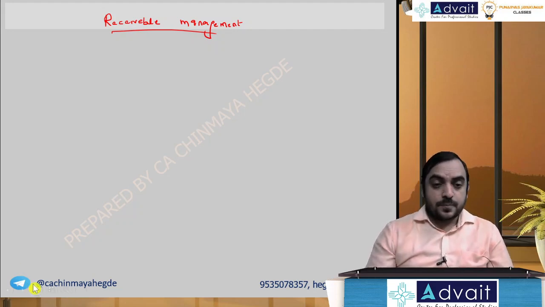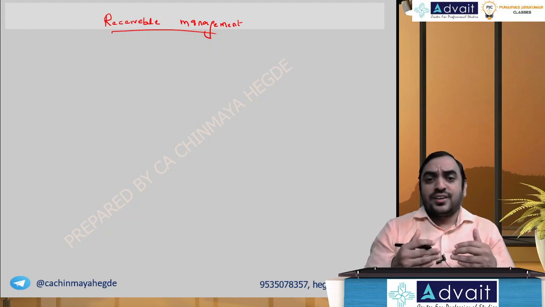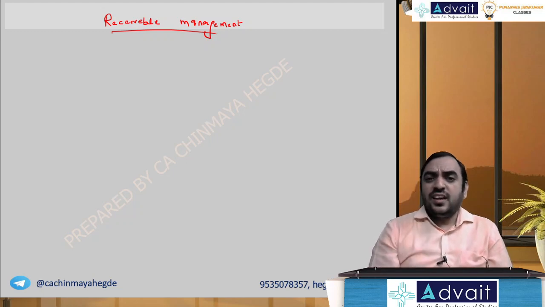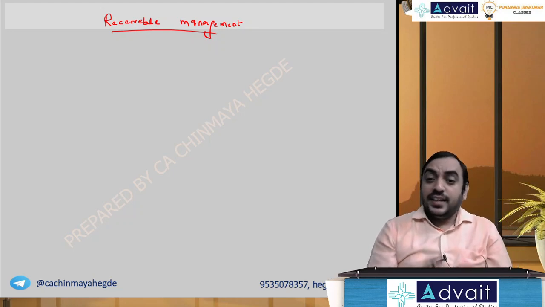Receivable management. Typically, you will have a problem like this: should I give credit or not? Is the question. Obviously, you will say don't give credit. Why wait? You collect immediately. It is ideal, but not practical.